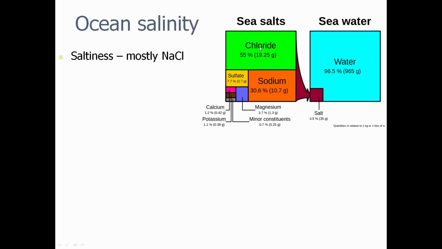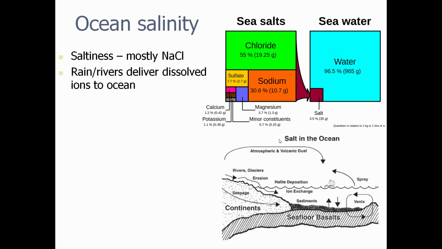The chloride ion and the sodium ion come together in a 1-to-1 ratio, sodium chloride, and they make up most of what are called sea salts, but we also have magnesium chloride, sulfates, calcium chloride, potassium chloride, and other constituents. But you can see by far sodium chloride is the most common salt.